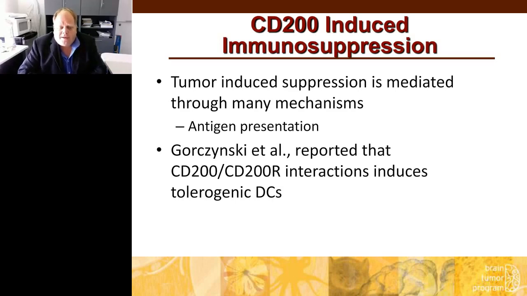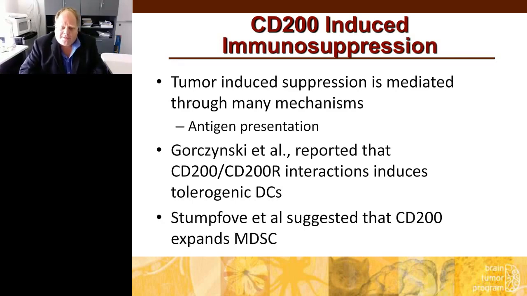And this really sparked our interest because we want to inhibit this induction of tolerogenic DCs to elicit an immune response. Moreover, it's been suggested that CD200 expands what's called a myeloid-derived suppressor cell population, which induces immune suppression. I'll be showing you some data that we've done in-house, and I've actually published, showing that this is indeed true.